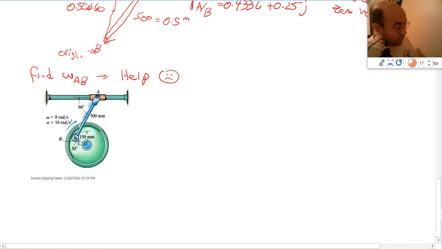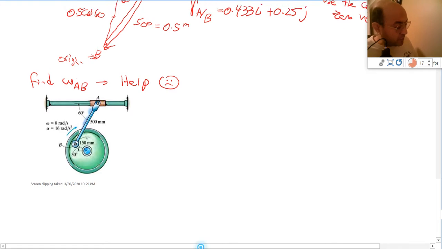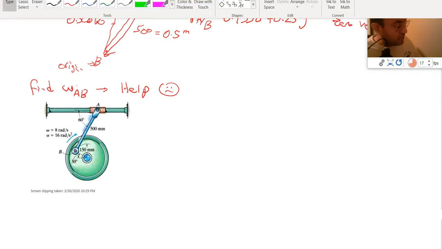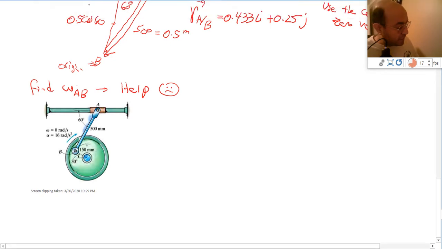I'm going to go with the concept that we talked about already. We call it the concept of zero velocity. Then in this concept, if you look into the bar AB, the velocity of point A is going to be something like this. Velocity at B is simply perpendicular to the line of action.